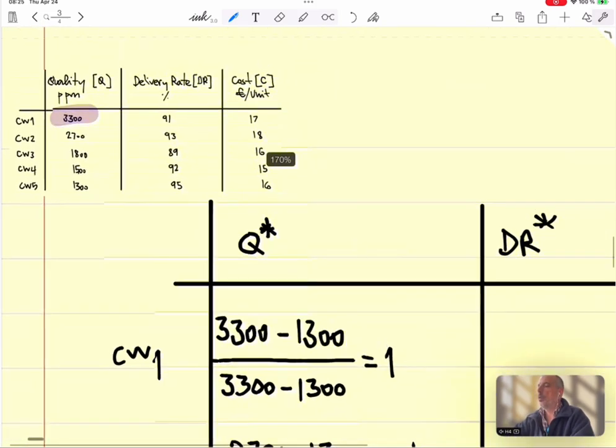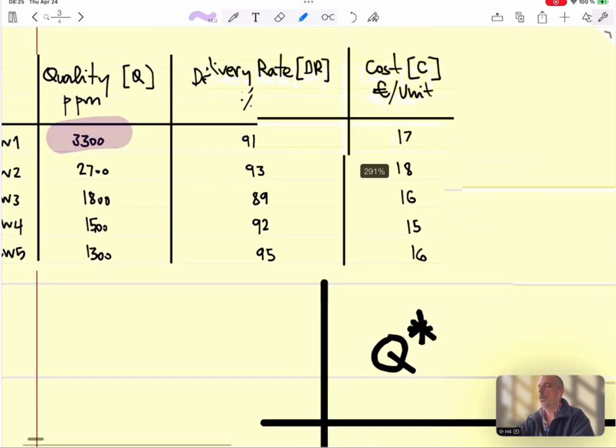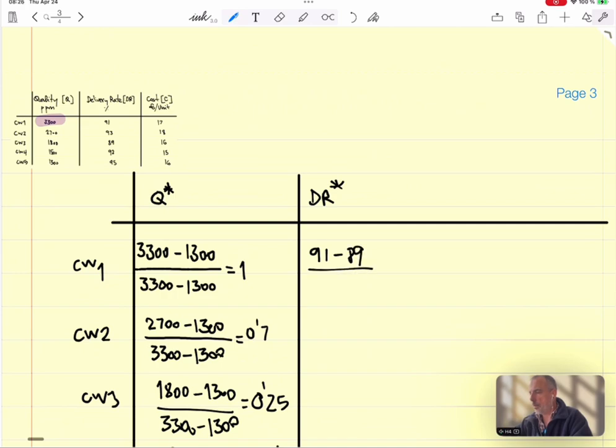I need to write 91, the first number. 91 minus 89, the smallest, divided by 95, the biggest number, minus 89. So this delivers 0.33.